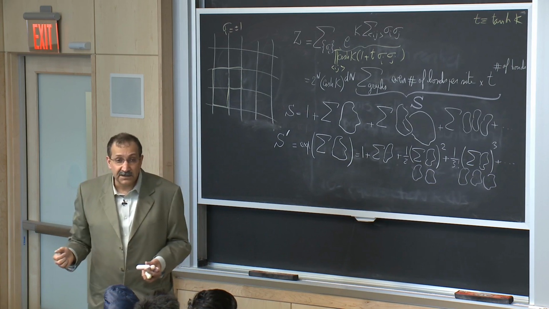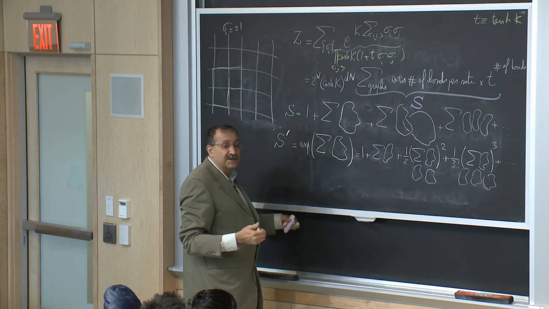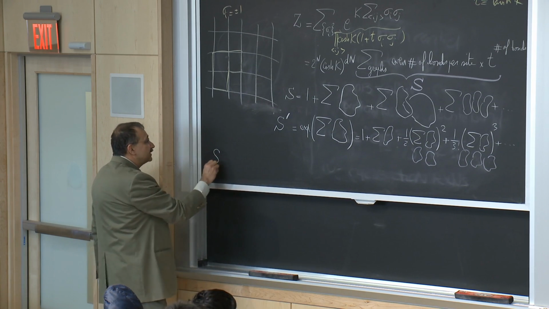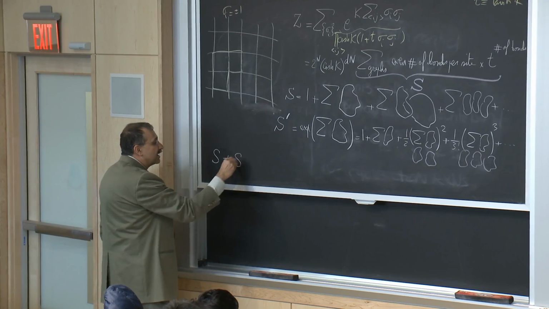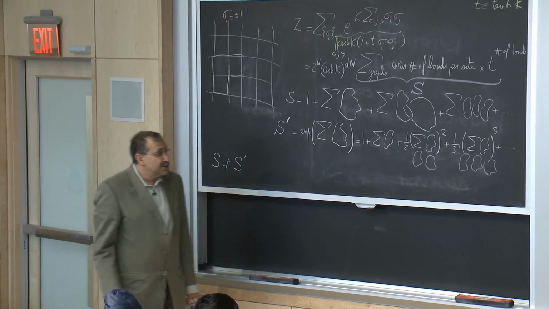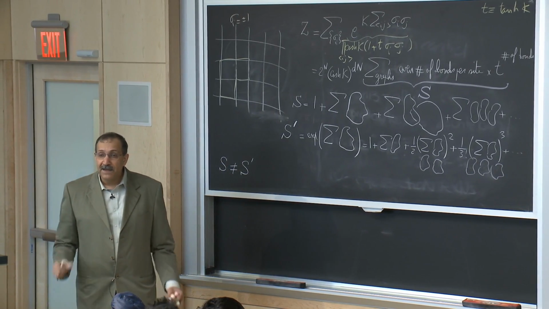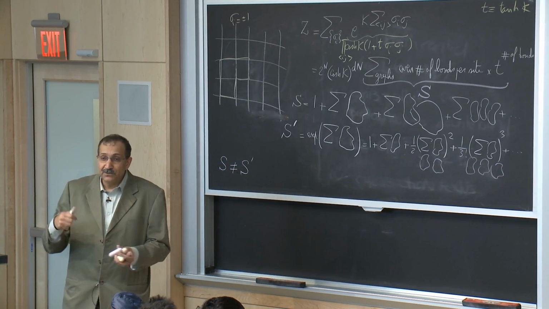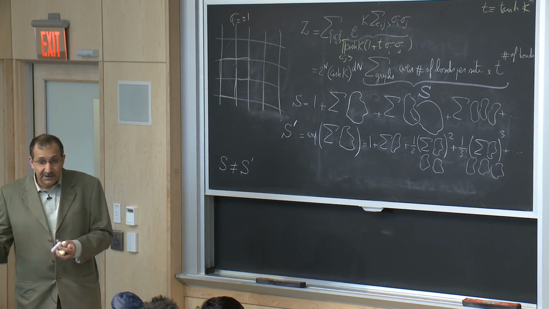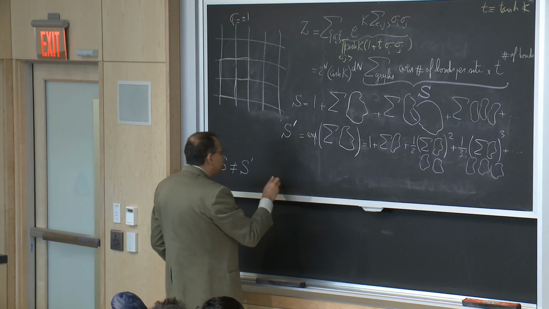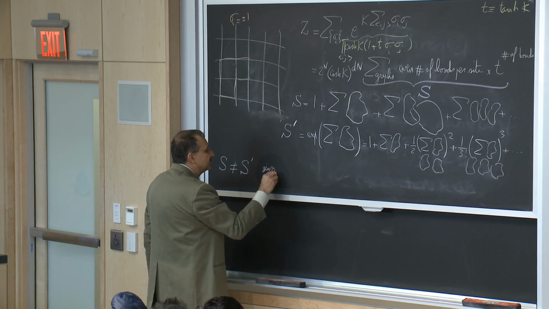But S definitely is not equal to S prime, because immediately we see that once I square this term, (A plus B) squared, in addition to 2AB, I will also get A squared and B squared, which corresponds to objects such as this.